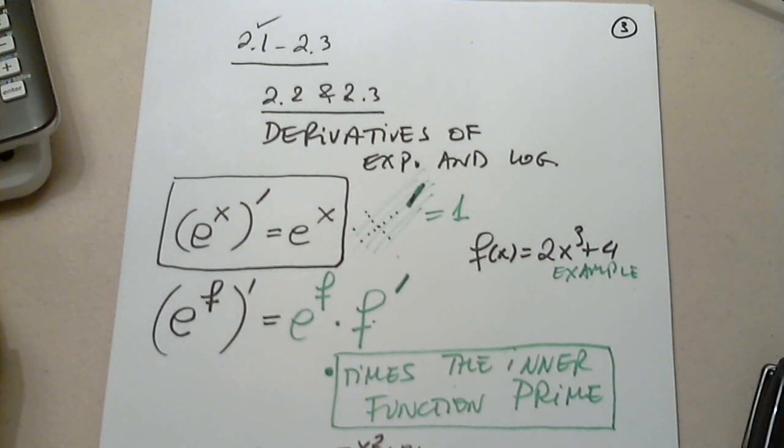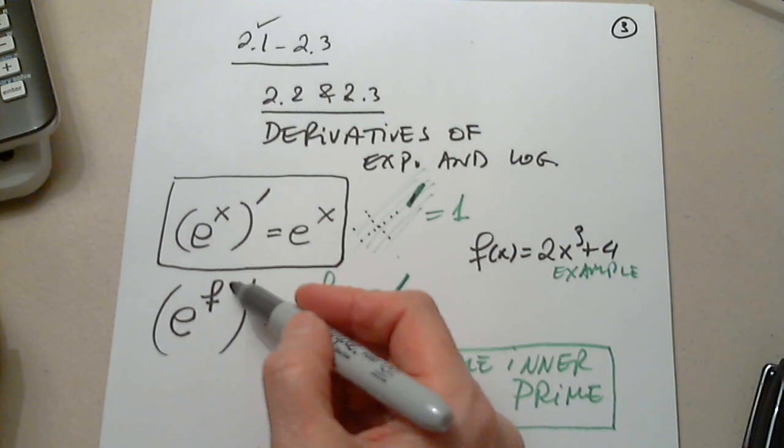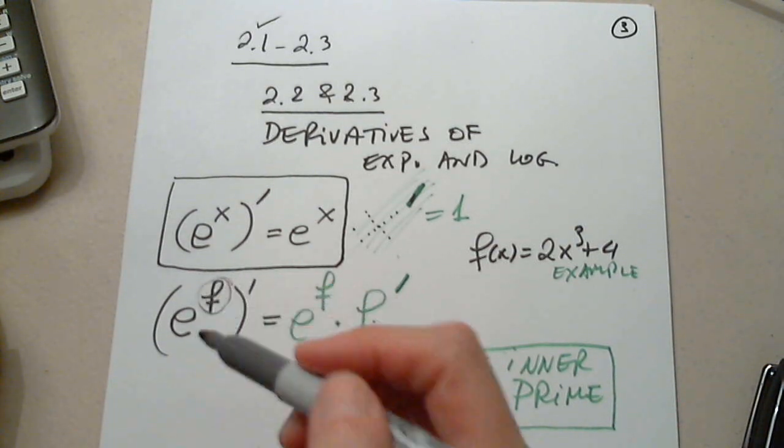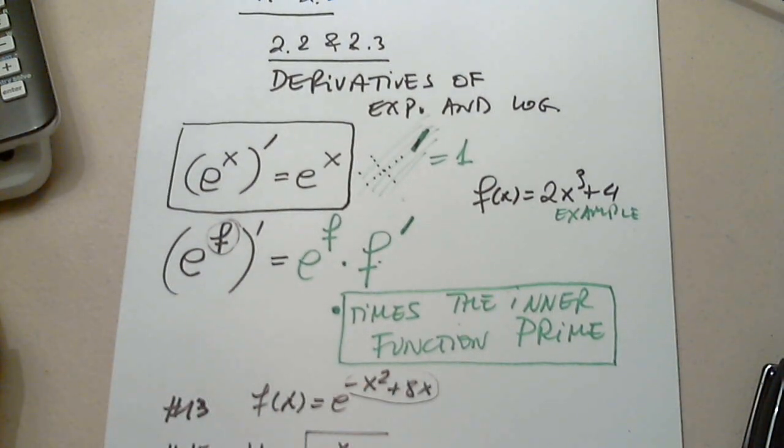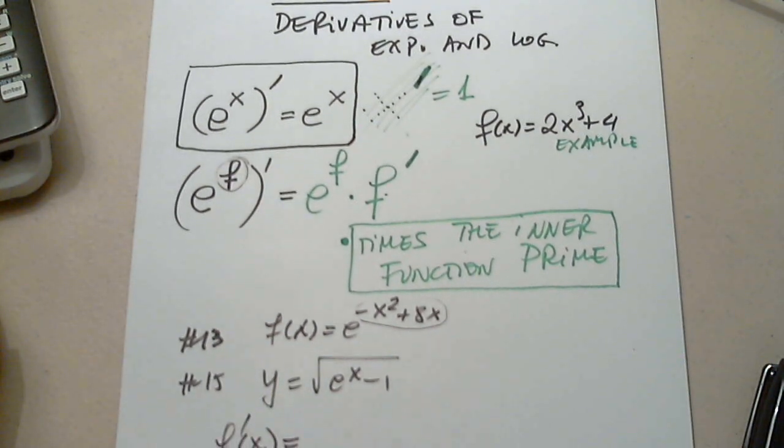Perfect. So we want to differentiate f of x, e to the negative x squared plus 8x. As you see, this is the function. So can anyone help with f prime of x? It's okay if you're wrong. We're just discussing this right now. Give it a shot.